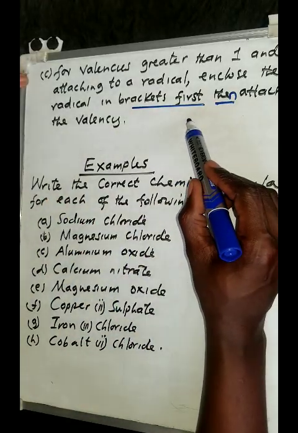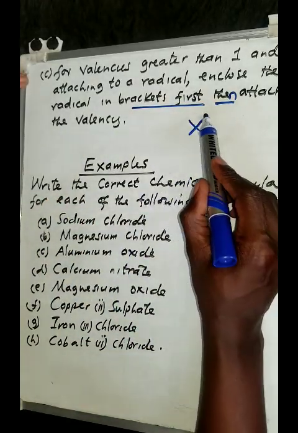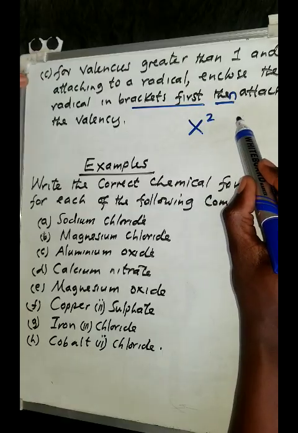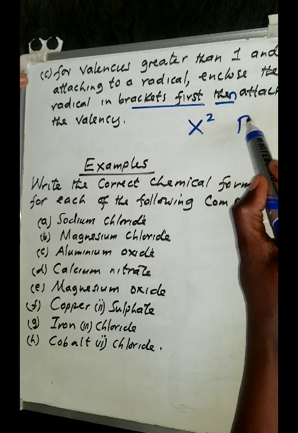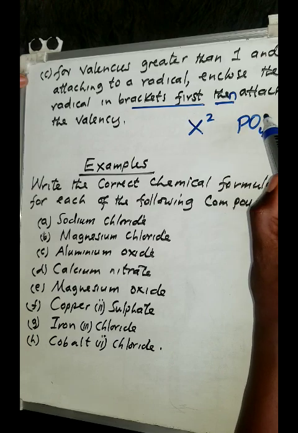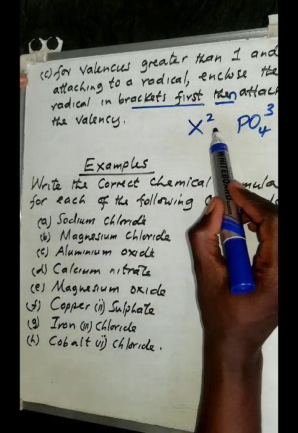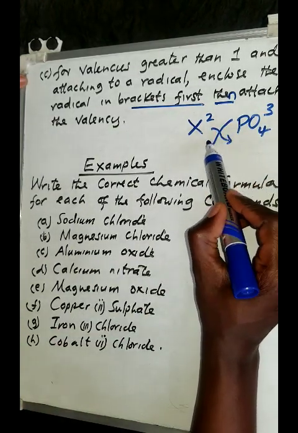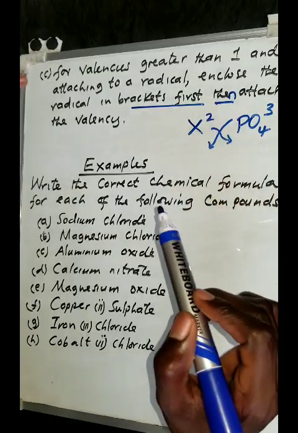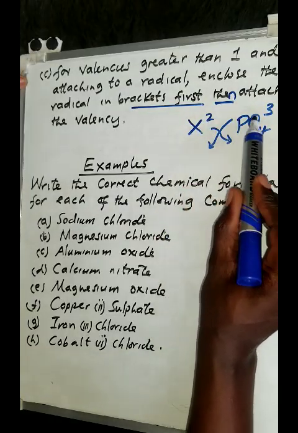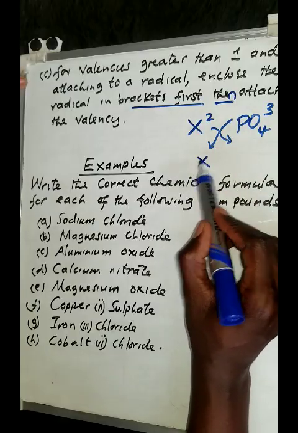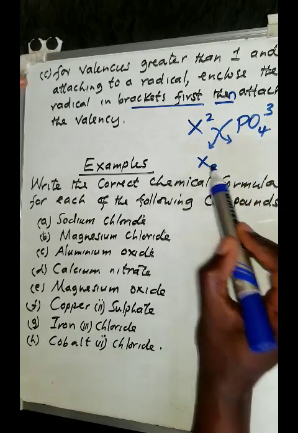What I mean is that if you have got an element, and let's say this element has a 2, then let's say that I do have a radical like phosphate. I know phosphate has got a valence of 3. So now when you exchange that, this element takes a valence of 2. What we mean, this 2, when you exchange, will get attached to the phosphate. So you are going to write this 3 will get attached to the X, that's all right.